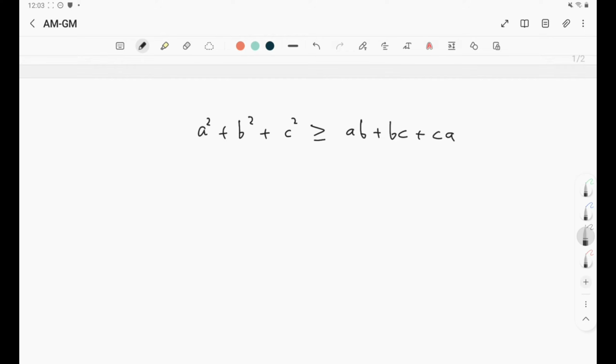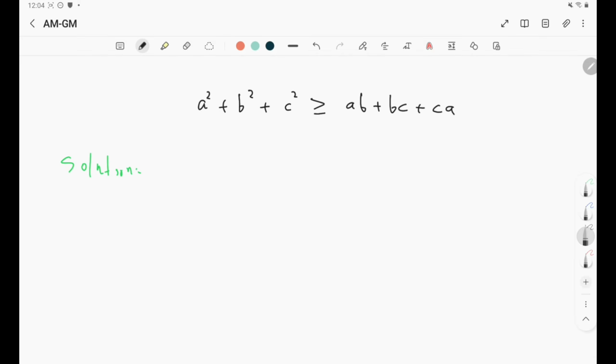As you know, the only tool that we've explained so far is the AMGM for 2 numbers. But here we have 3 numbers. How can we deal with that? Well, we have actually a very, very powerful idea here. Let's just pick 2 numbers and try to apply the AMGM on them.